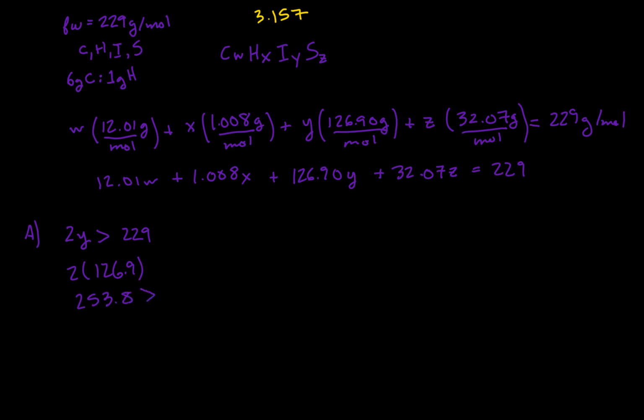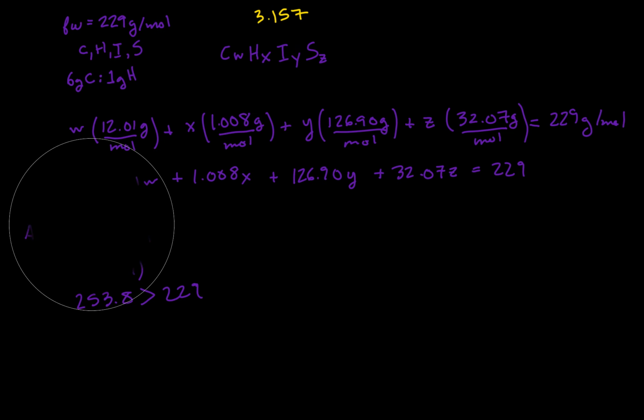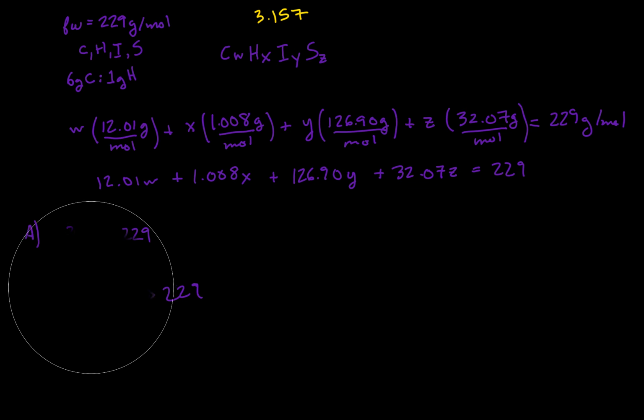Don't even need the calculator. Obviously, it's bigger. So we know that we can't have more than one atom of iodine present in the molecule. So we know that Y is not equal to 0. Or rather, Y is equal to 1. Sorry, not equal to 0. Good grief. So I got to write that up here.